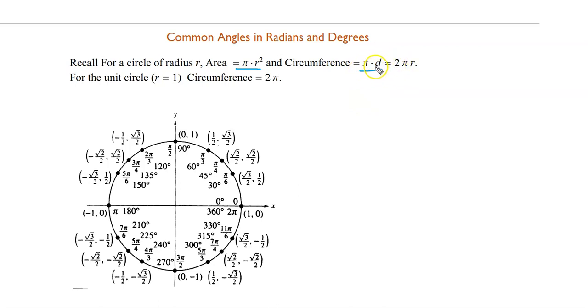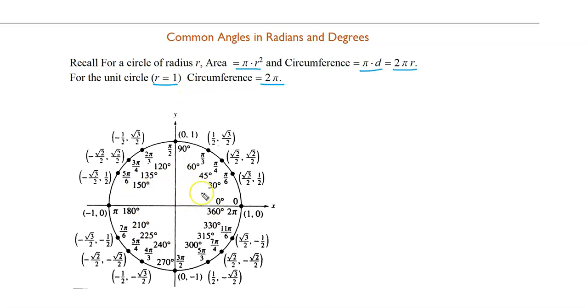And since the diameter is twice the radius, that's also 2 pi times r. So for the unit circle, the distance all the way around the outer edge is going to be 2 pi, because the radius is equal to 1.